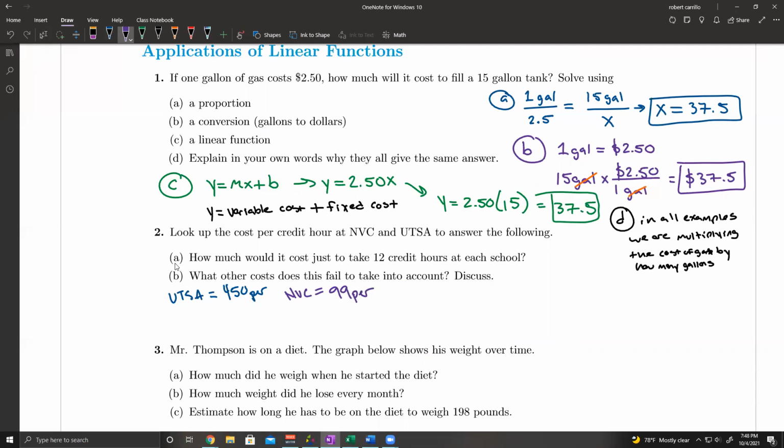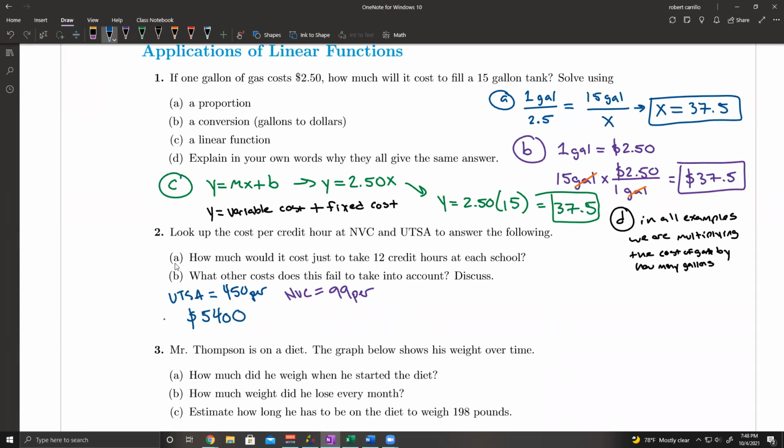Okay. So if you're going to UTSA, how much are you going to pay for 12 credit hours? $5,400.